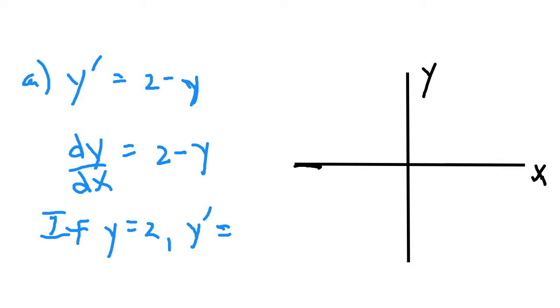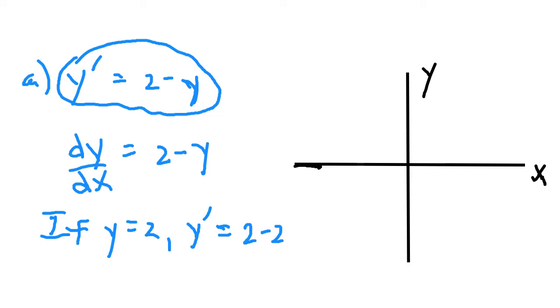Here's our differential equation. It's an autonomous differential equation. And if we let y equal 2, then y prime is 0, because you have 2 minus 2, which is 0.